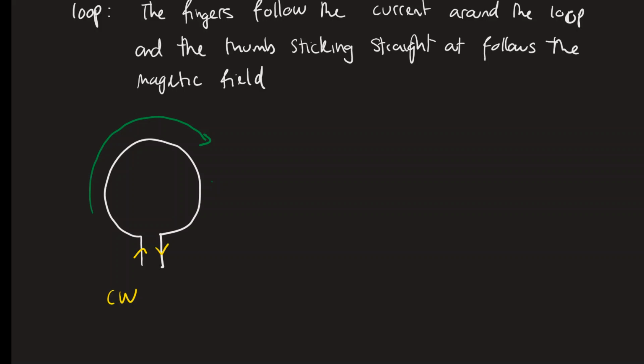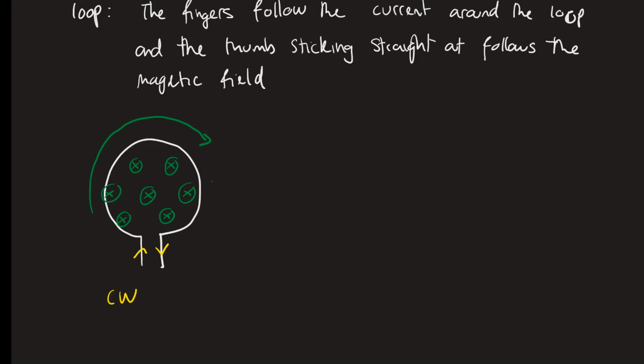Well, the only way to do that is to take your thumb, point it straight into the page, straight into the screen, and you'll see that your fingers follow around in a clockwise fashion. They go over the top and under the bottom of the loop. Well, because the thumb is pointing into the page, that tells us that the magnetic field produced by this must be directed straight into the page, like that.